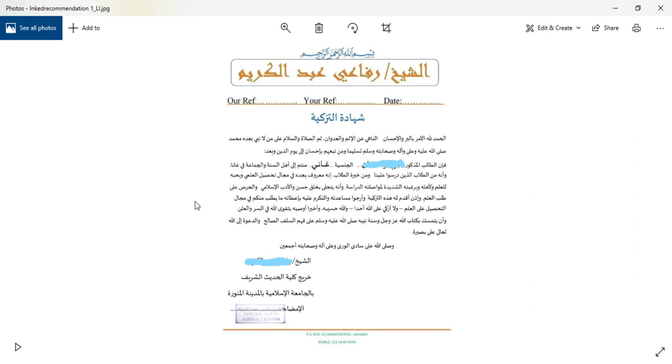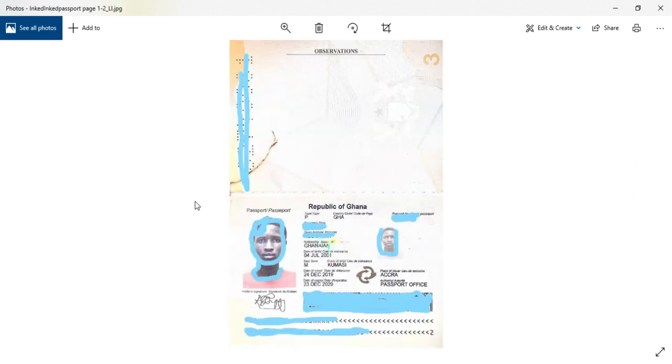Among them, you should note that first and foremost is your international passport, and this is how it looks. After that, you will have your clear passport picture.